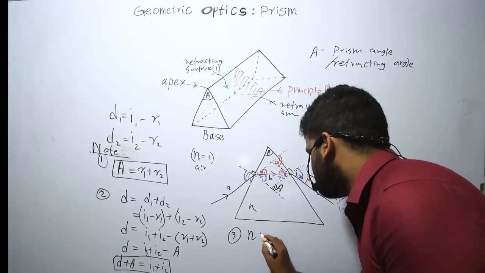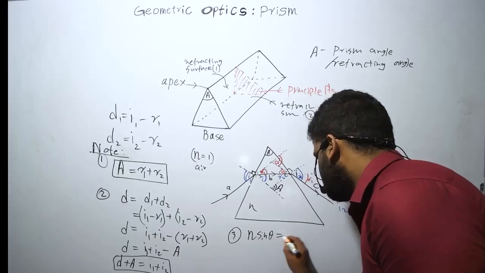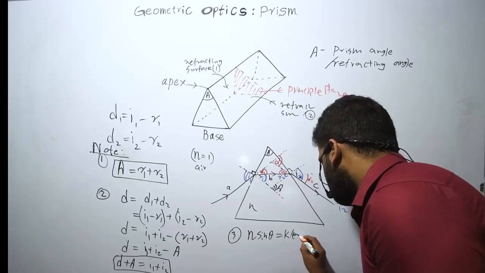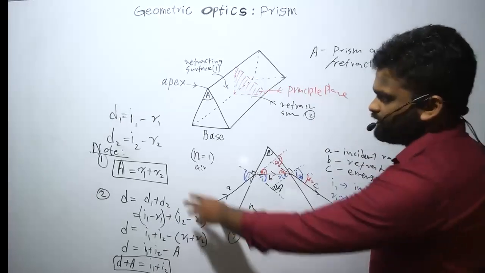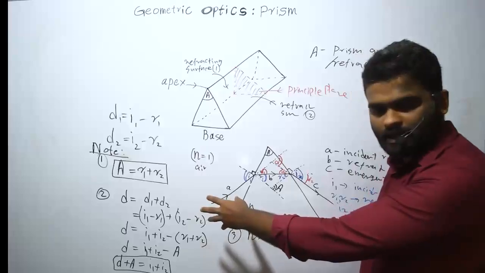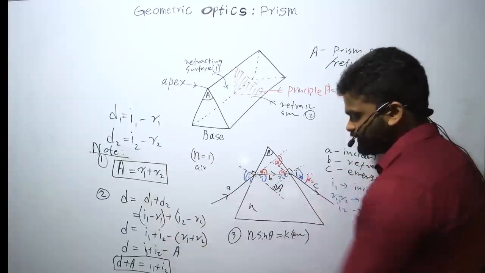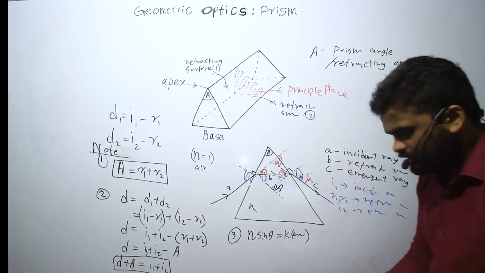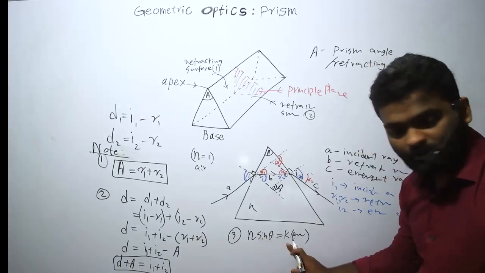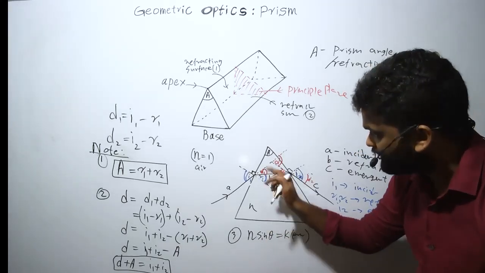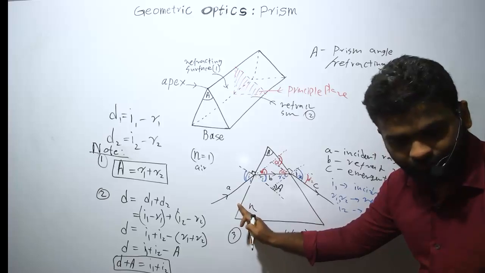So what's Snell's law? n sine theta is a constant, right? Any of the problems regarding prisms, you can solve using these three equations. If n sine theta is a constant, let's say you are applying that here.